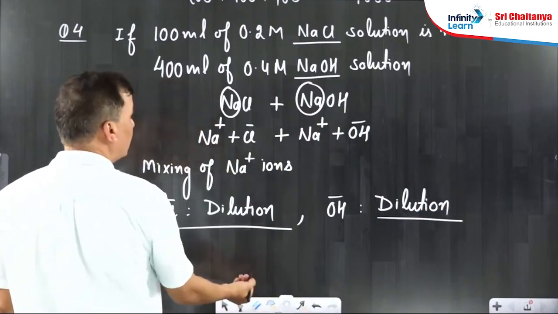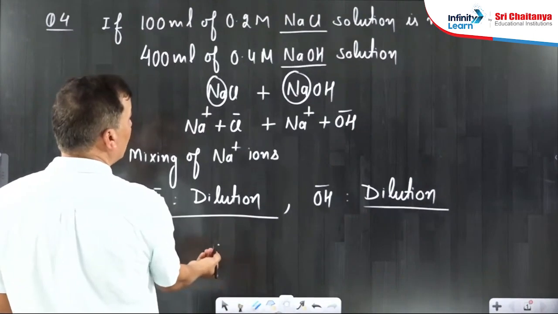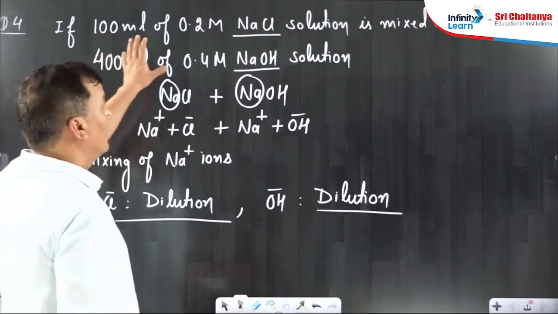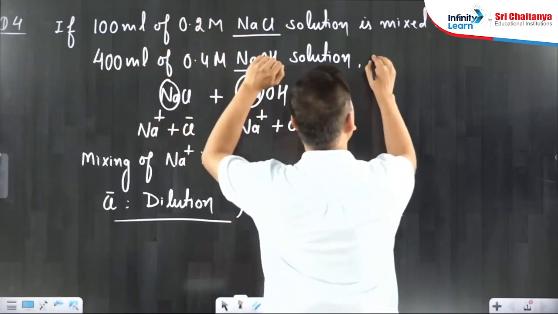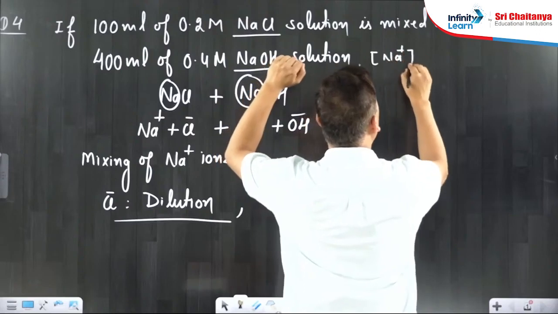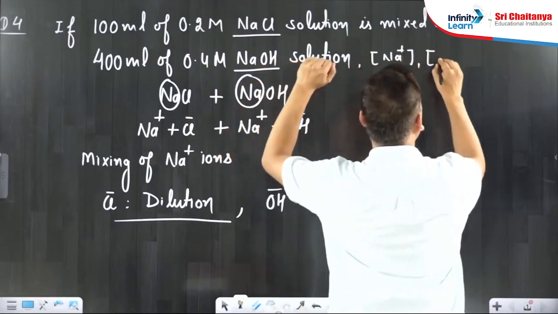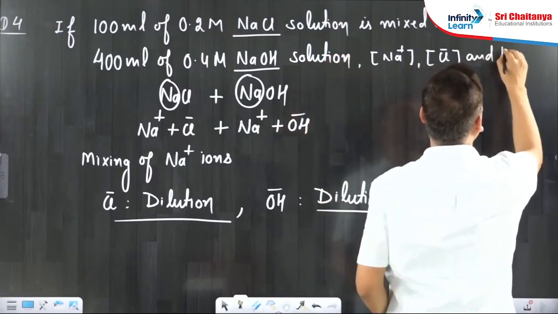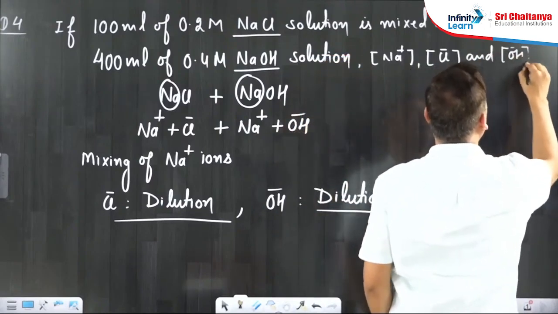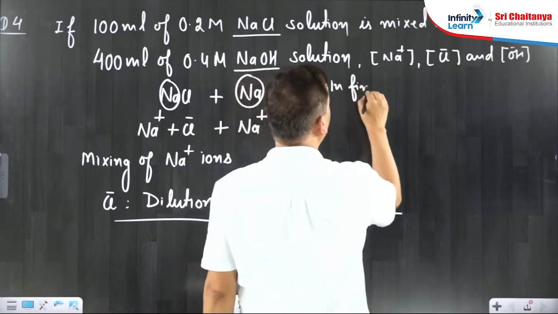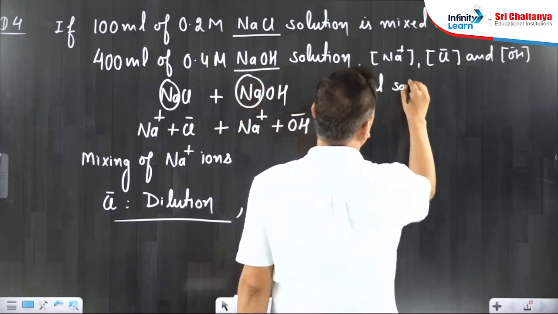Now first of all, what is the question? What will be the concentration of Na positive, concentration of Cl negative, and concentration of OH negative ion in the final solution?